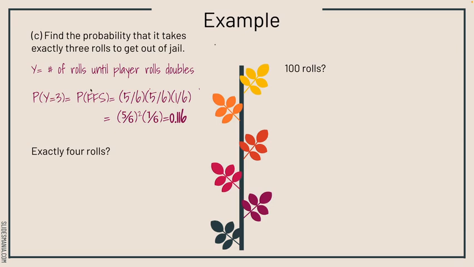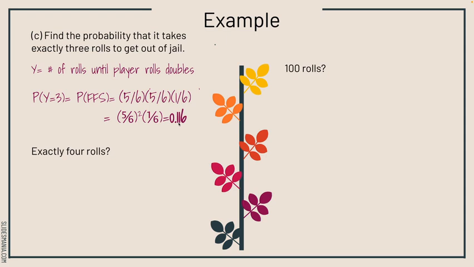So that would look like fail, fail, success. Remember, success is rolling doubles. Fail is not rolling doubles. So we have 5/6, because that's the complement of rolling doubles, times 5/6 times 1/6. So that would be 5/6 squared times 1/6, which gives us 0.116.